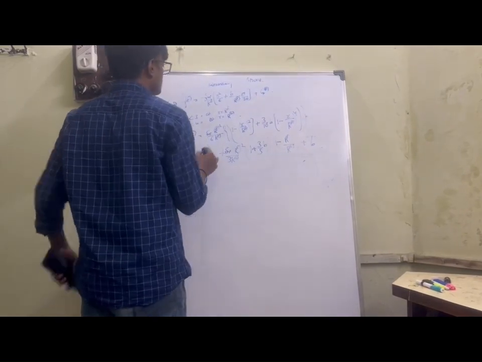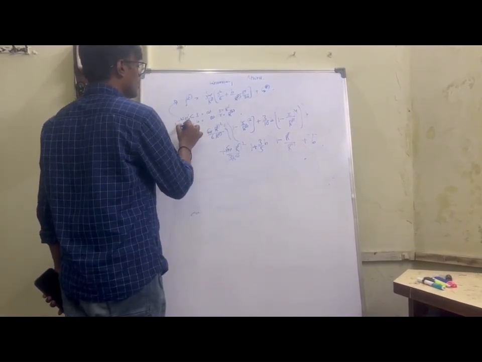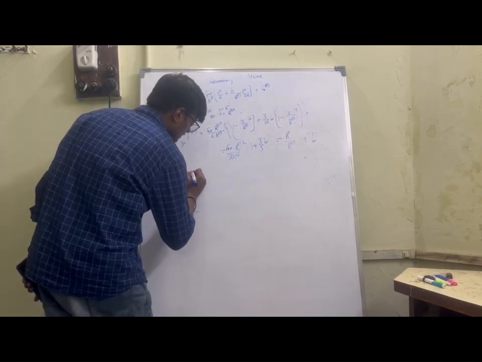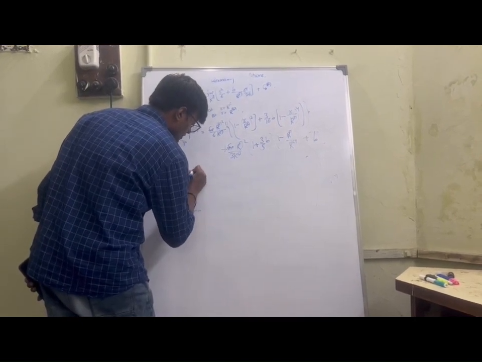By substituting we got the TF equation. Now we will write the TC at the boundary condition.